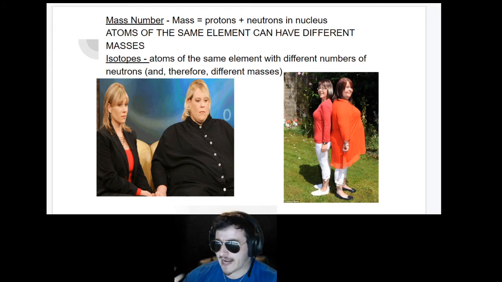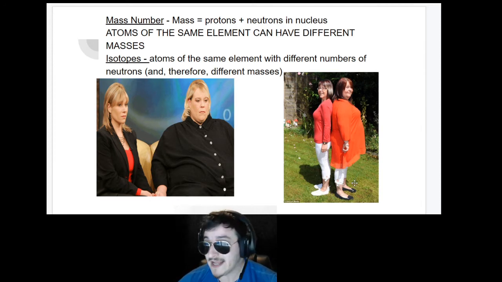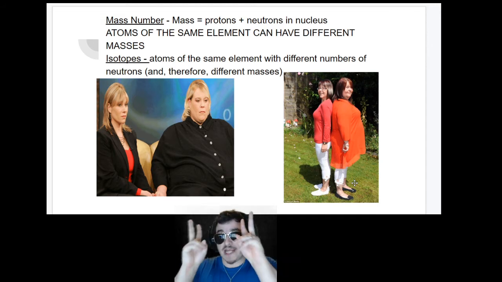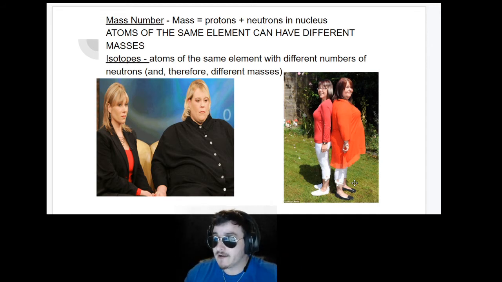And I don't want to point out pictures like this to make light of any situation, but it's weight, it's mass. And so what I've got here are 2 different sets of twins. They look very similar in the face, however, obviously, very different looks in the body. Why? They're the same, let's just say person, same identity, but with different masses. And that is what an isotope is.